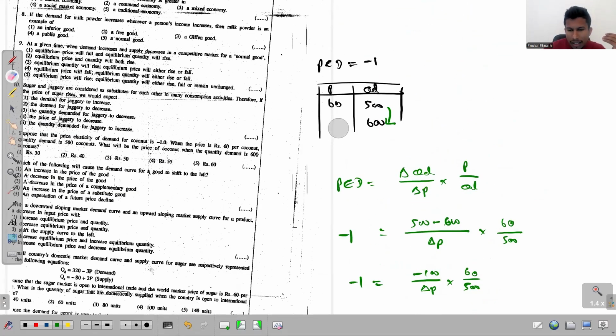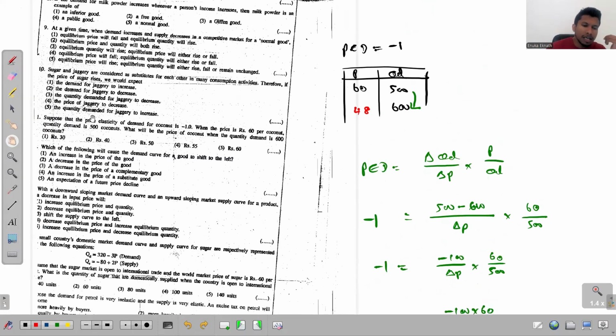So you erase this and you replace that with this new value 48. Why? Because the change has to be 12, so the new price has to be then 48. Right? You may find this in the provided answer list, and fortunately, it's not visible here. That's not given to us, fortunately.